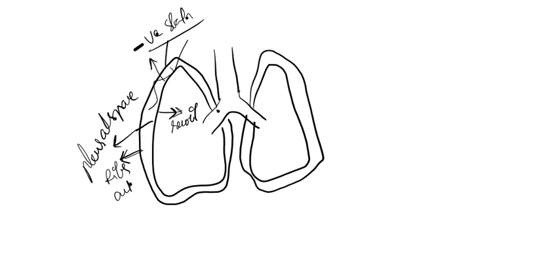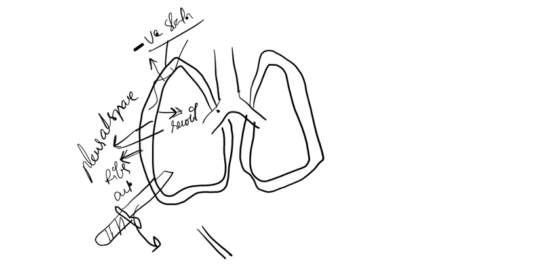For example, a person has stabbed someone with a knife from the mid-axillary line into, let's say, the 6th intercostal space, here or here somewhere, and simply removed the knife after the stab.